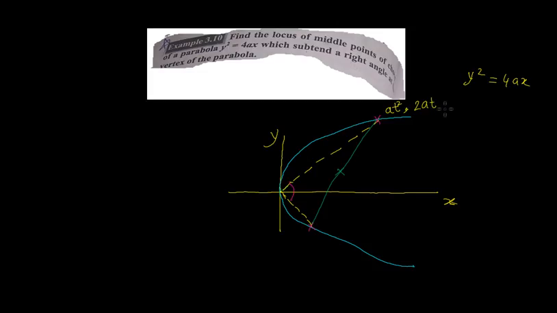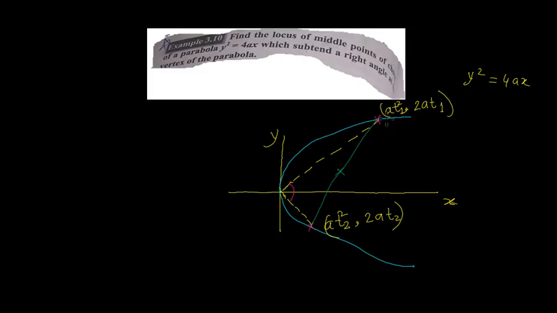So for this point, let's take this is t1, so a t1 square, 2a t1, and this one a t2 square, 2a t2. This coordinate will satisfy these equations. If you put that, you will get it.